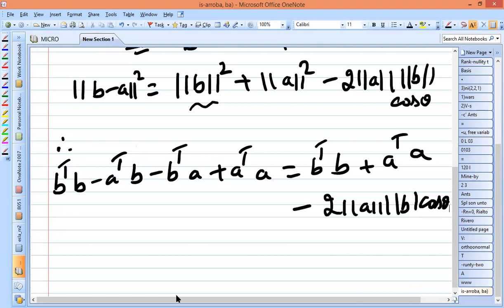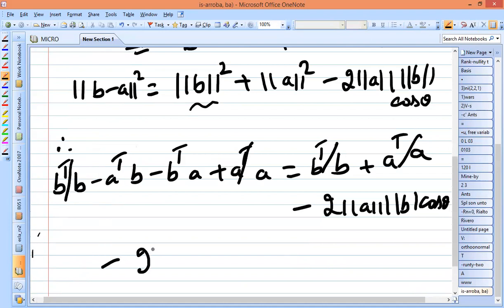Now if you observe the elements on the LHS and the RHS, B transpose B on both sides gets cancelled, and A transpose A also gets cancelled. So what are we left with?